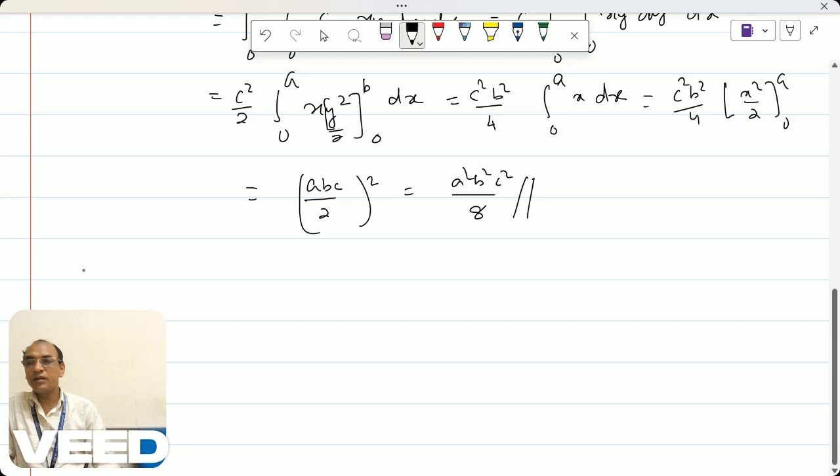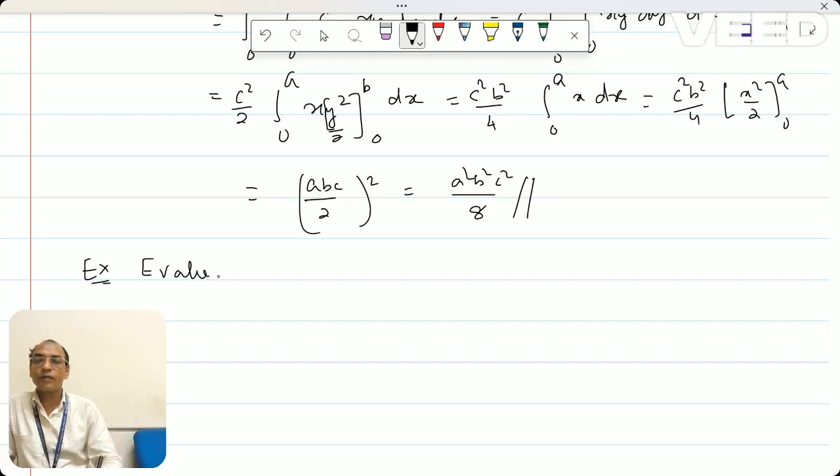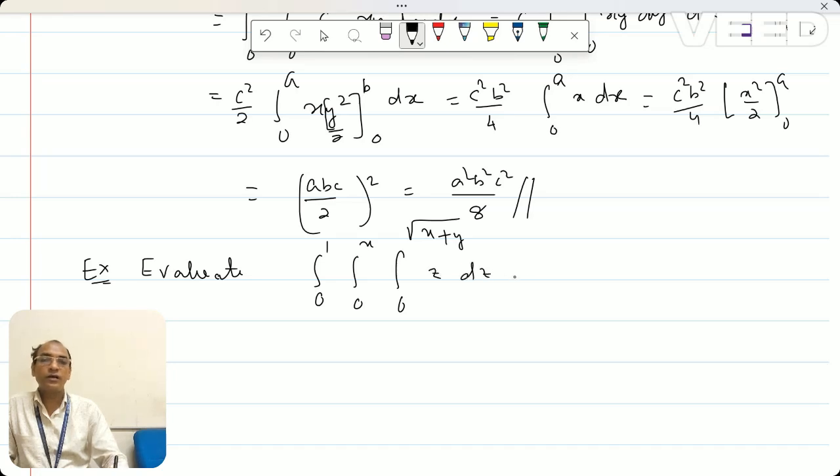Now I will take another example of triple integral. Evaluate integration 0 to 1, integration 0 to x, integration 0 to root over of x plus y, and then z dz dy and dx.